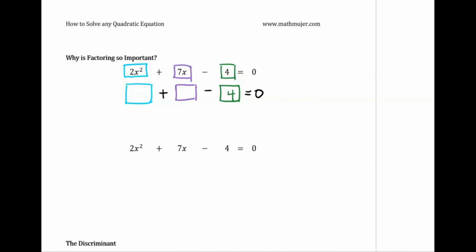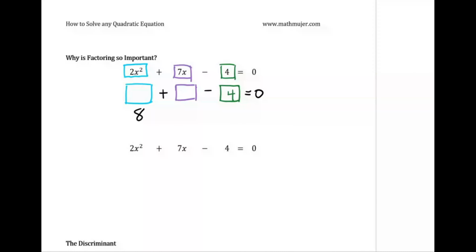So what you're trying to do in this equation is find values of x that, when you plug them in, the whole thing, the blue box plus the purple box minus the green box, will come out to be 0. Note, that does not just mean you pick random numbers to go in those boxes. Like for instance, if you picked 8 to go here and 4 to go here, no, that wouldn't work.